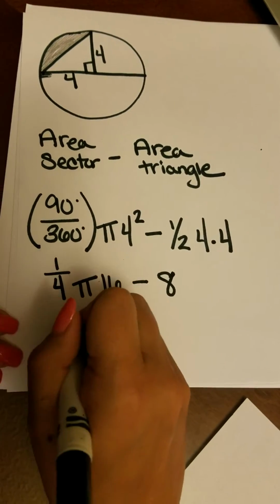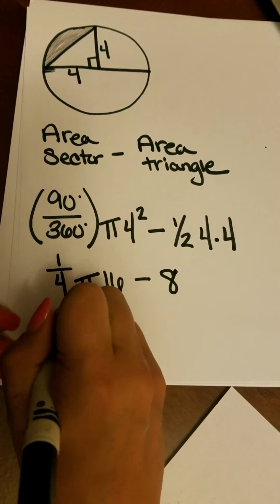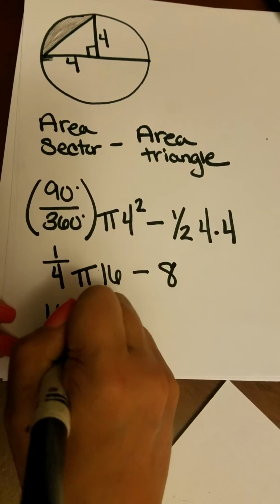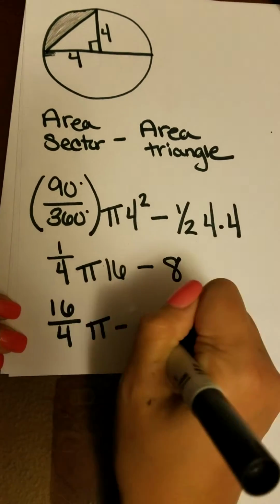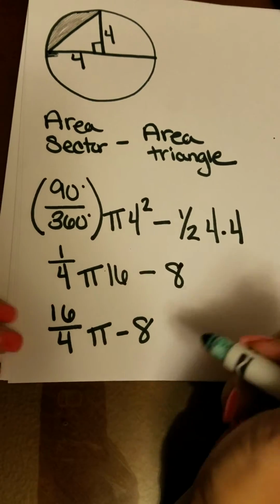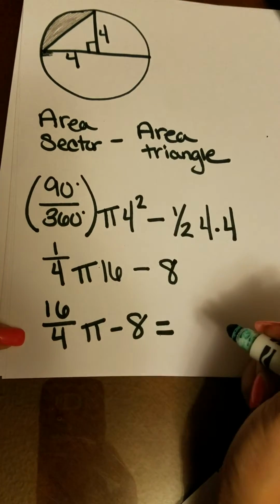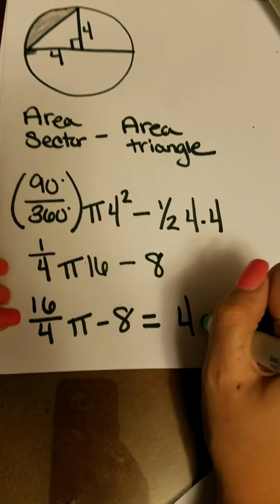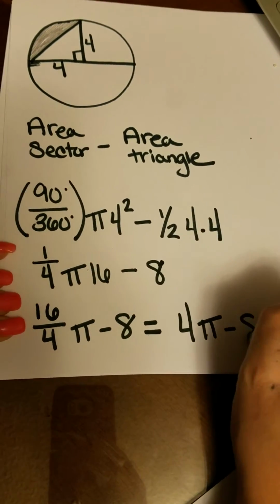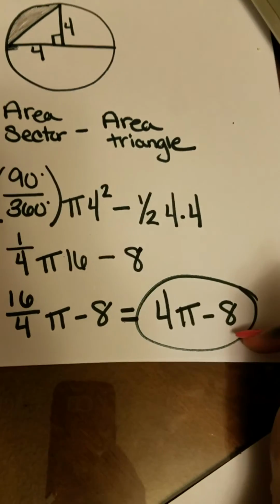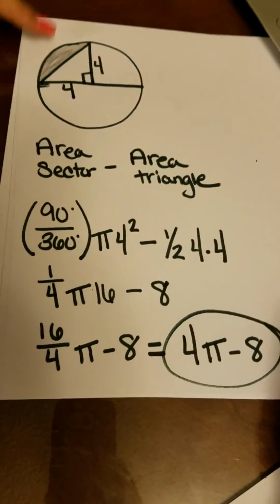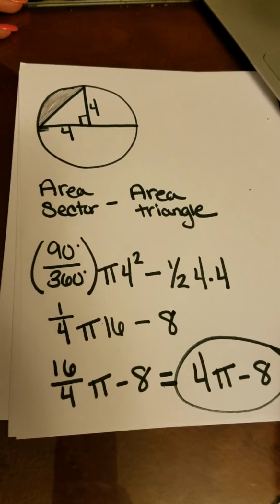Simplify 1/4 pi times 16. We have 16/4 pi minus 8, and 16/4 simplifies to 4 pi minus 8. And this is the exact area of this segment in terms of pi.